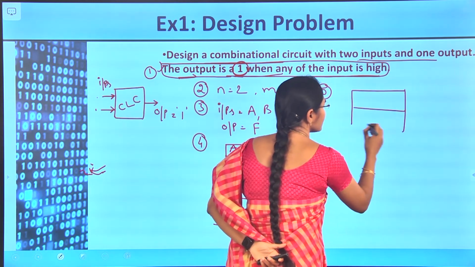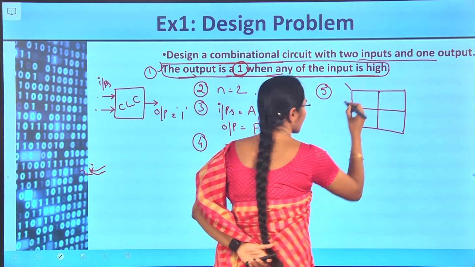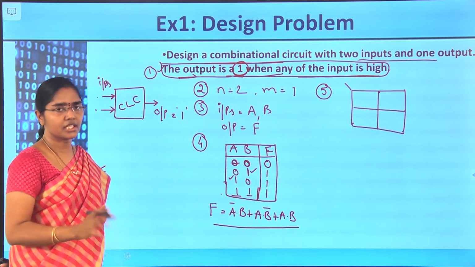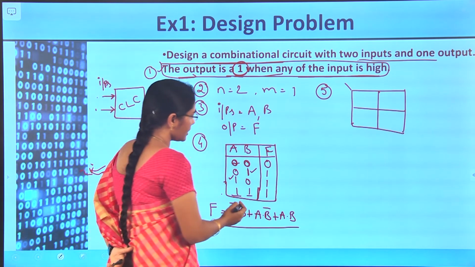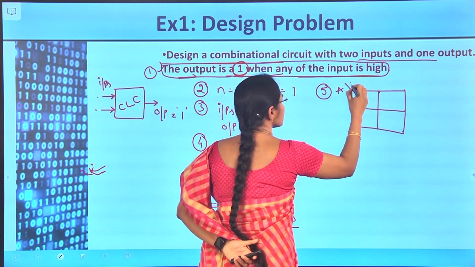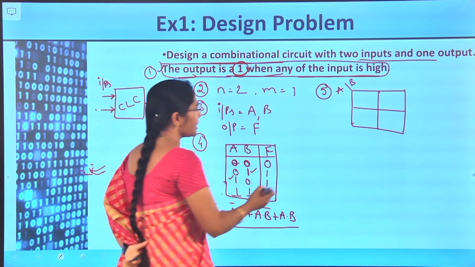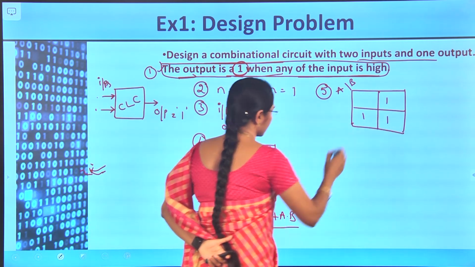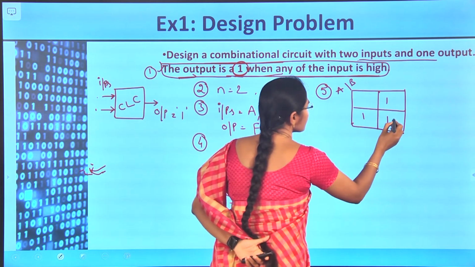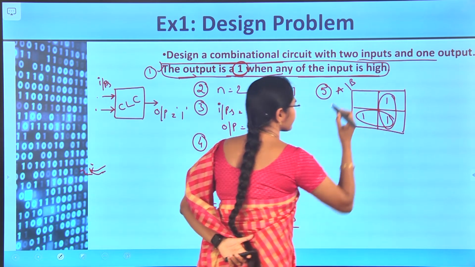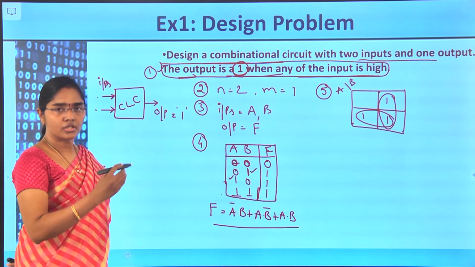For simplification, we can use a K-map, Boolean algebra, or any method. I am using a K-map here. Since it is a two variable K-map, as the input variables are only 2, the ones are available at 1, 2 and 3. By simplifying this, I can get 2 pairs.